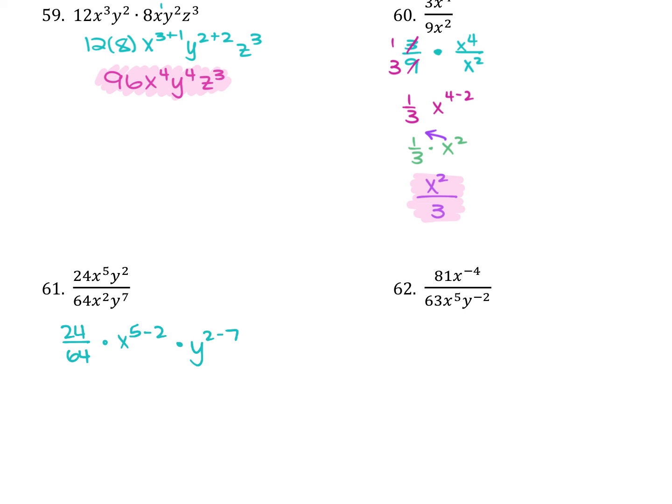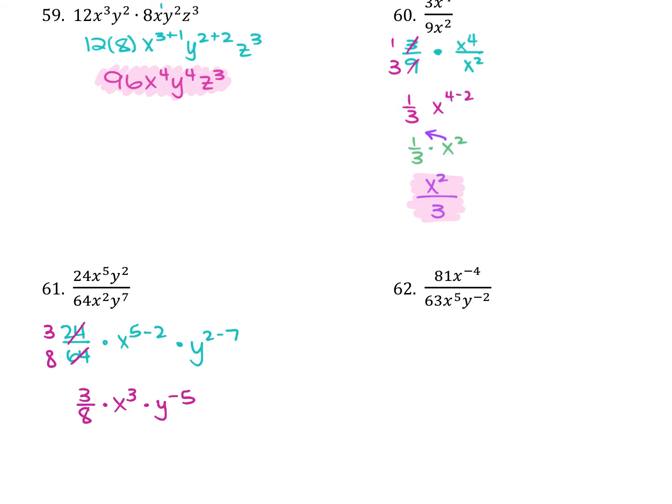So from here, you can simplify the 24 and the 64 because they are both divisible by 8. 8 goes into 24 3 times. 8 goes into 64 8 times. So that's 3 over 8. The x to the 5th divided by x to the 2nd is going to give you x cubed if you subtract those powers. And then the y to the 2nd divided by y to the 7th gives you y to the -5th if you subtract those powers.